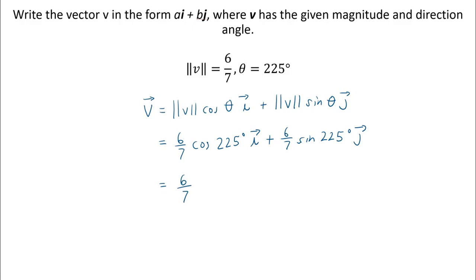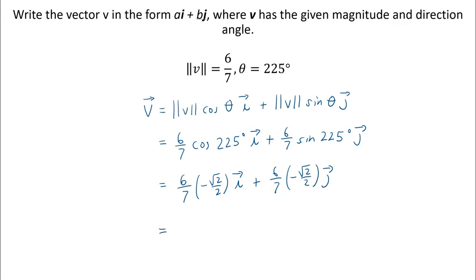Cosine of 45 degrees is square root 2 over 2, which means cosine of 225 will be negative square root 2 over 2 times i plus 6/7. Again, here's sine of 225, but that's going to be the opposite of the sine of 45 degrees. So that would be negative square root 2 over 2 times j.